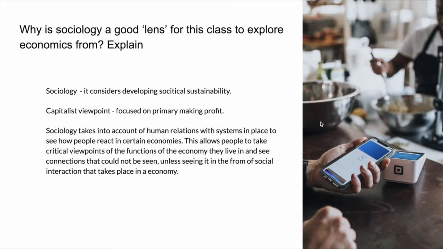Unlike the capitalist viewpoint, which is focused primarily on marketing and making profit, sociology takes into account human relations with systems in place to see how people react in certain economies. This allows people to take critical viewpoints of the functions of the economy they live in and see connections that could not be seen unless seeing it in the form of social interaction that takes place in the economy.